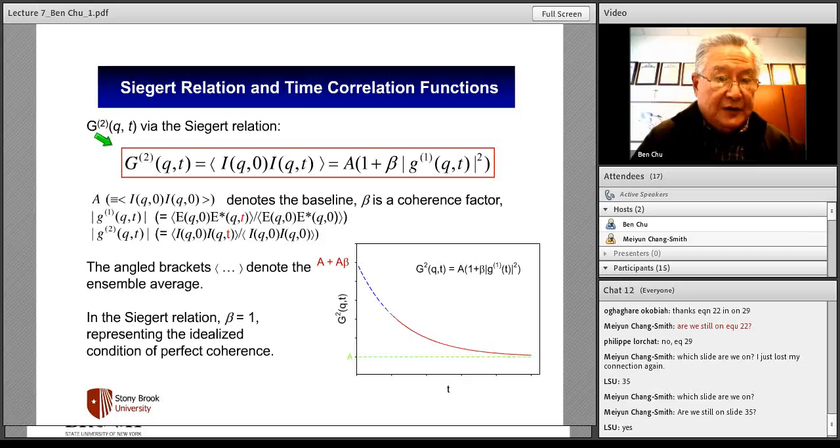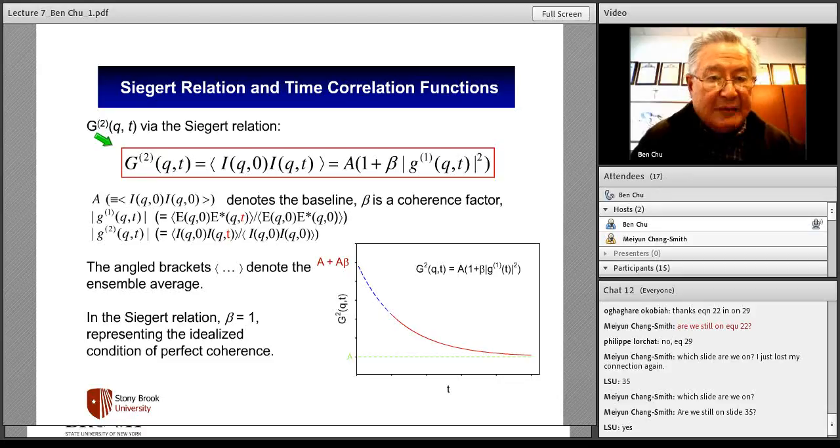This is really an ensemble average of I(Q,0) at the same Q, but at some time t1, some time t2, or you can take the difference between them as 0 and t. So this is I(Q,0), I(Q) sometime later, sometime t.